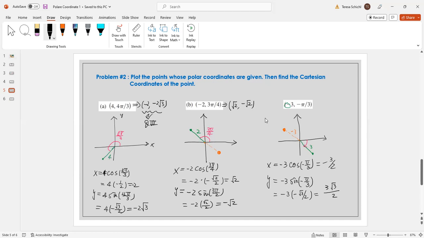So I know this point corresponds to negative 3/2 and 3 square root of 3 over 2, and it is in the second quadrant as we expected. So that is correct. This is how we change from polar to Cartesian here.